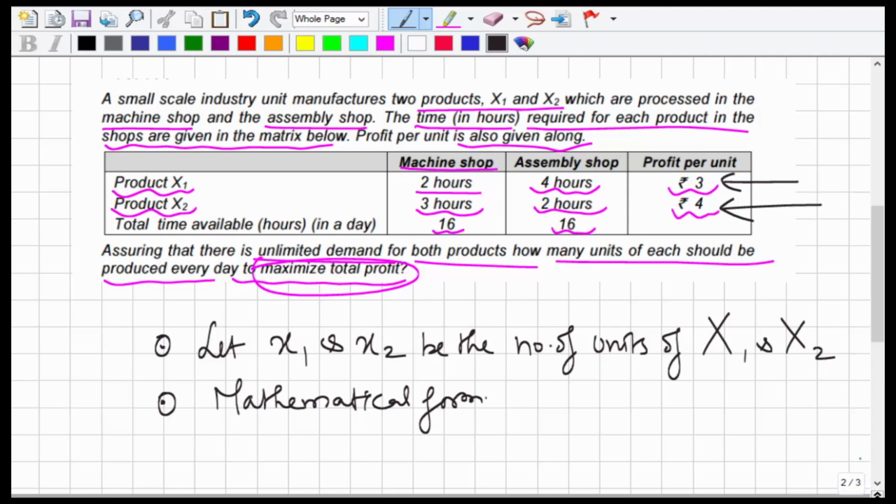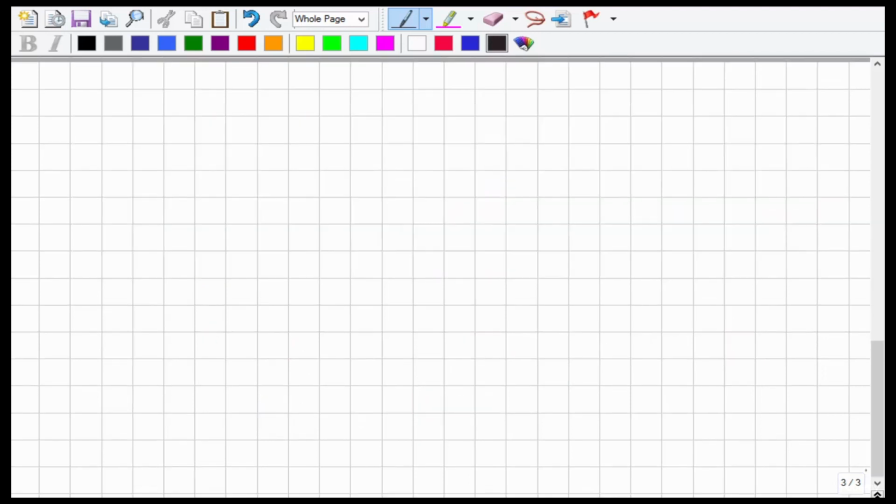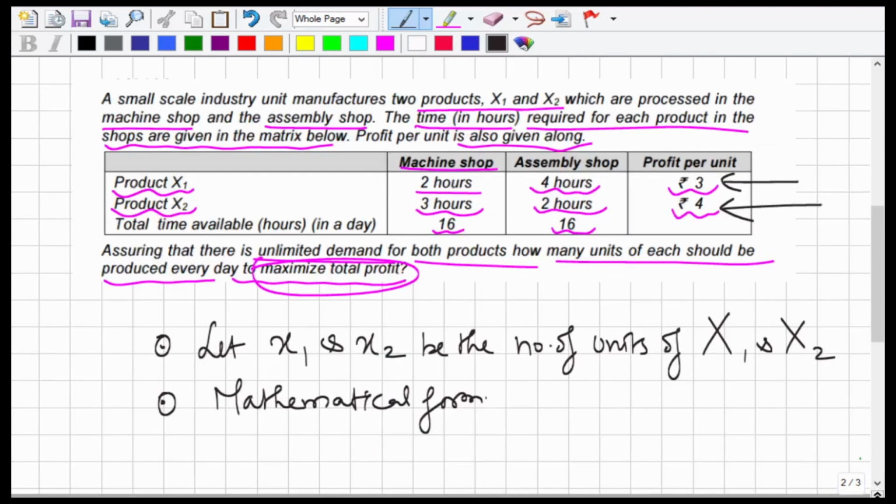So you have to produce and sell such a number of units that your profit is going to be maximum. So how can it be expressed mathematically? We can say our profit should be a certain number of units of product X1, so that you get a profit. And what is the profit? By selling 1 unit of X1, you get a profit of 3.